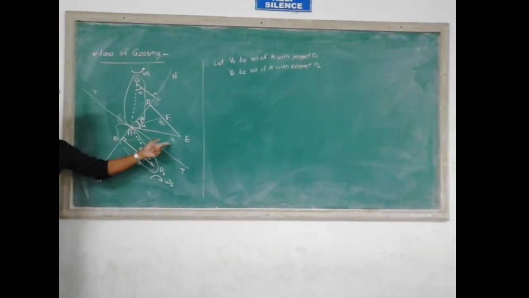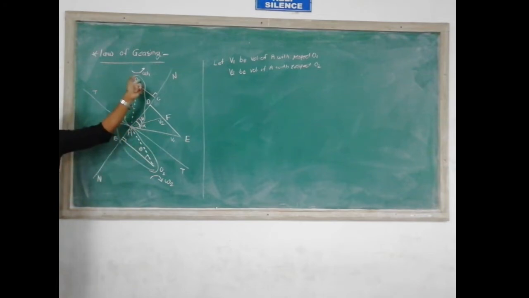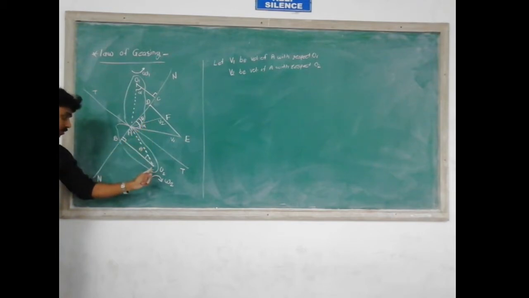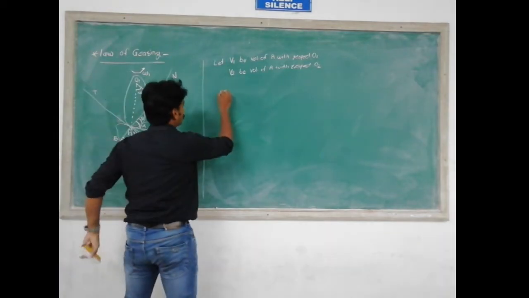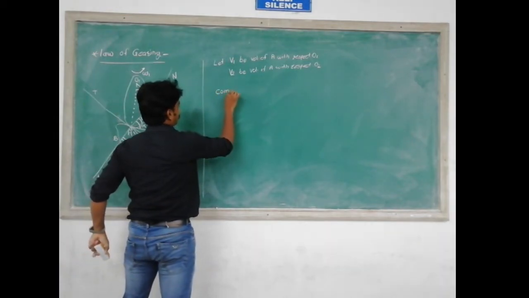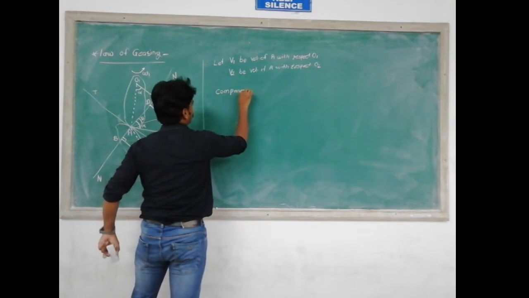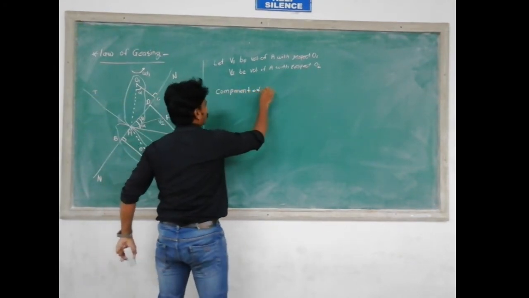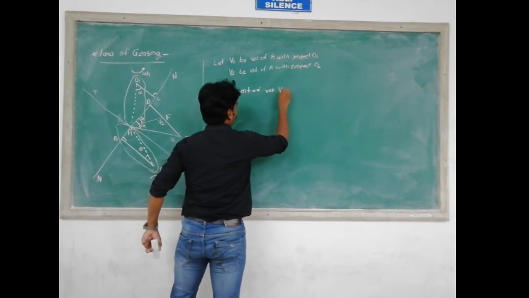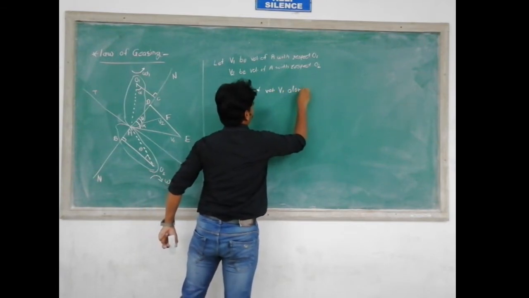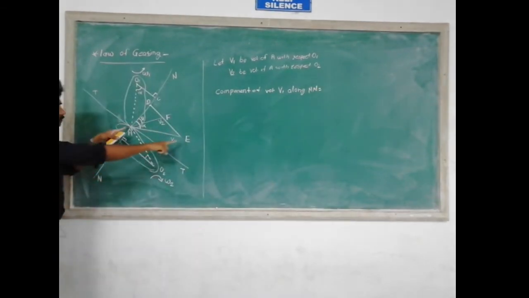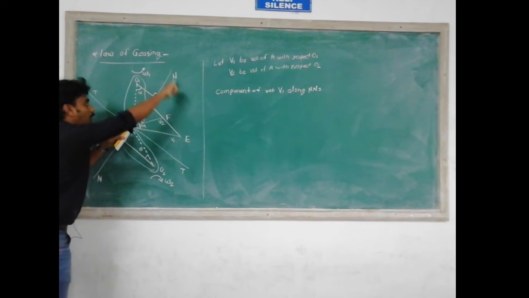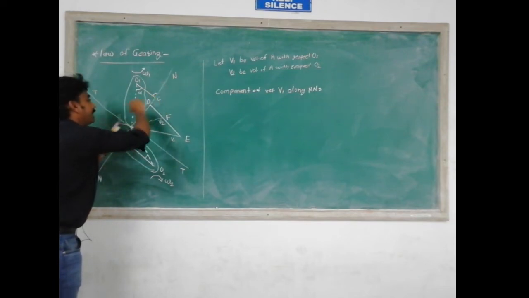Now consider the component of velocity V1 along the normal N. The component of this velocity V1 along this normal is AD.